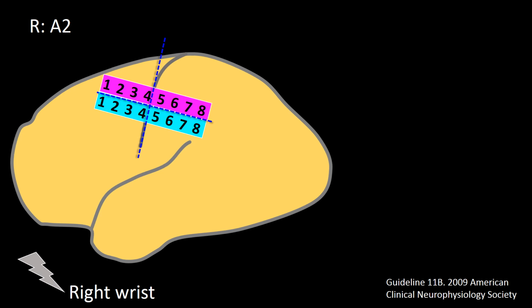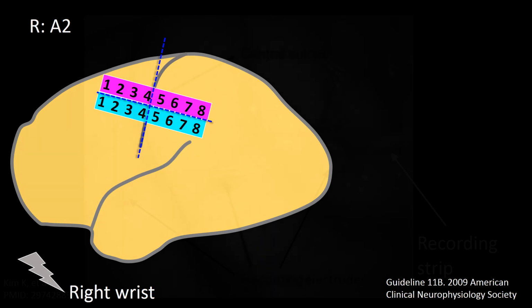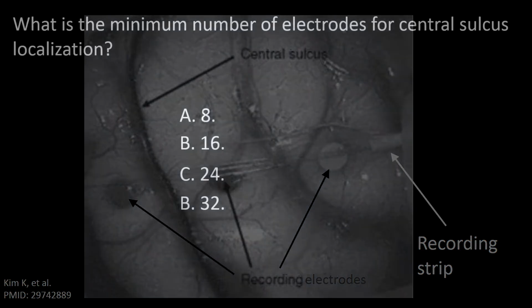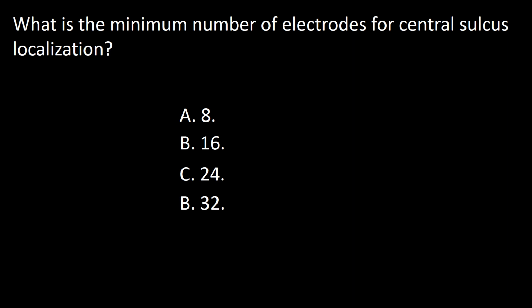These electrodes should be referred to the contralateral mastoid. This is a picture of the position of the electrodes in the actual brain. Remember that the electrode should be of platinum, since otherwise there may be a reaction with the brain that may injure the brain. So the answer to this question is B.